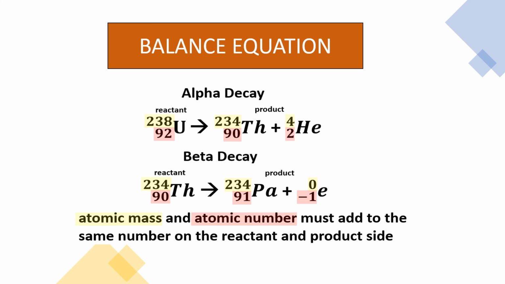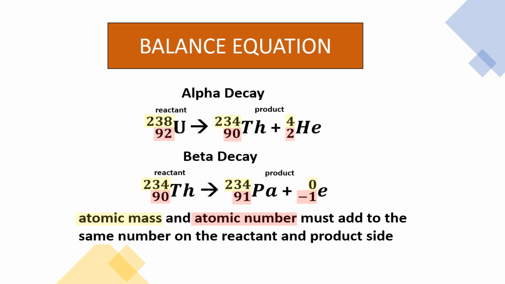For example, you can see the alpha decay, the reactant of uranium, which has atomic mass 238. So the product must have both the thorium and helium atomic mass add up to 238. So here, 234 atomic mass for thorium and 4 atomic mass for helium are added and we can get 238.